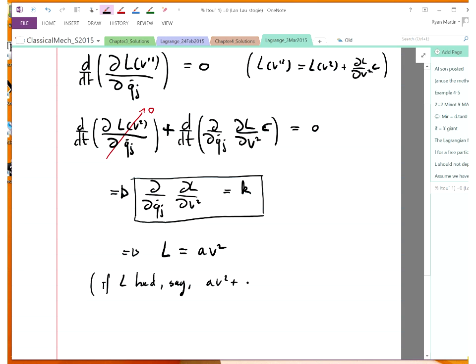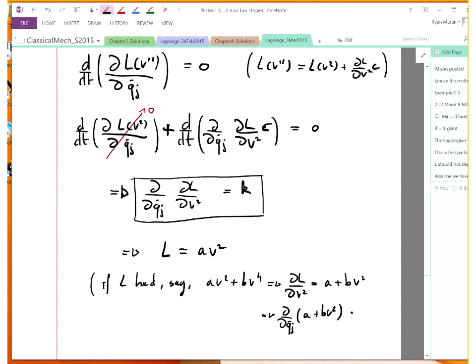Because if L had, say, A v squared plus maybe B times v to the fourth, then ∂L/∂v² would be equal to A plus B v squared, right?